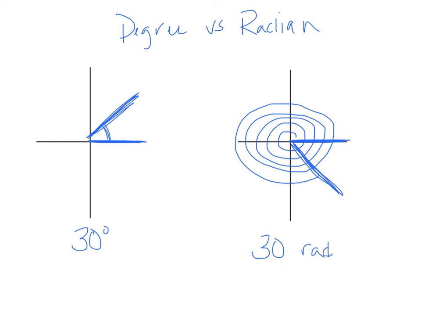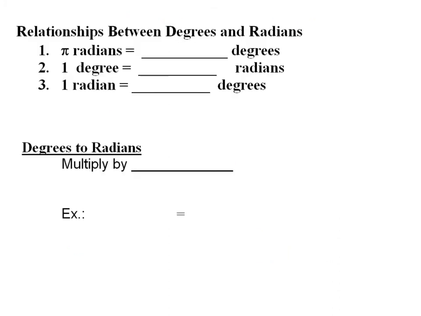So based on this information, which one's bigger? Is a degree bigger than a radian, or is a radian bigger than a degree? If you said a radian was much larger, you were correct. So I'm going to just make a note of that. A radian is much larger than a degree.